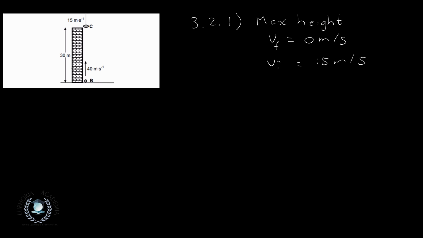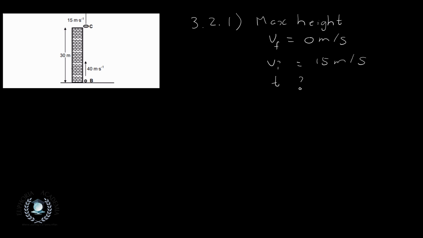All right, for question 3.2.1, we're asked to find the time taken by disk C to reach its maximum height. Now, we know that at the maximum height, our V is going to be 0 meters per second. We'll just call that our final V. We are given an initial velocity of 15 meters per second, and we're asked to find the time.